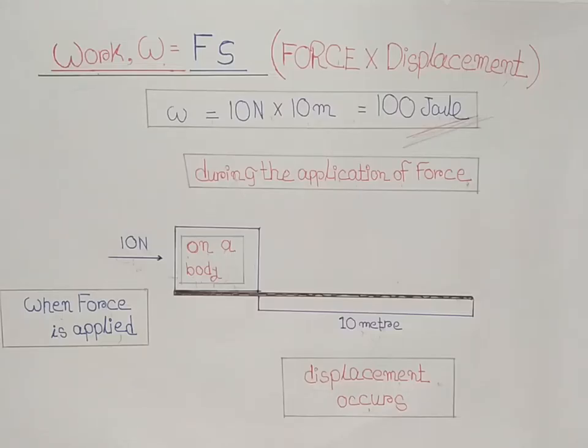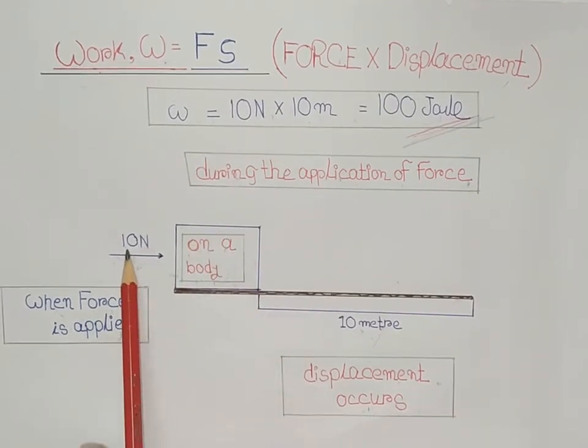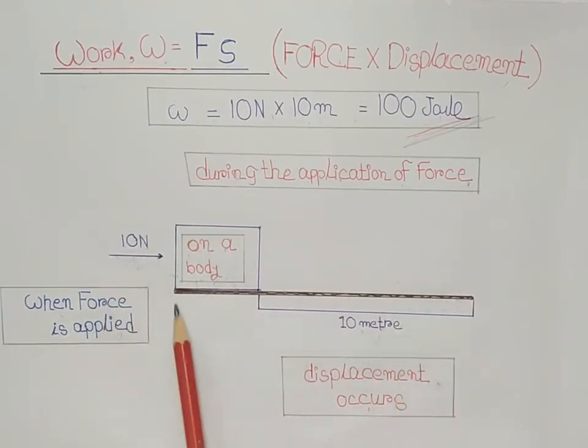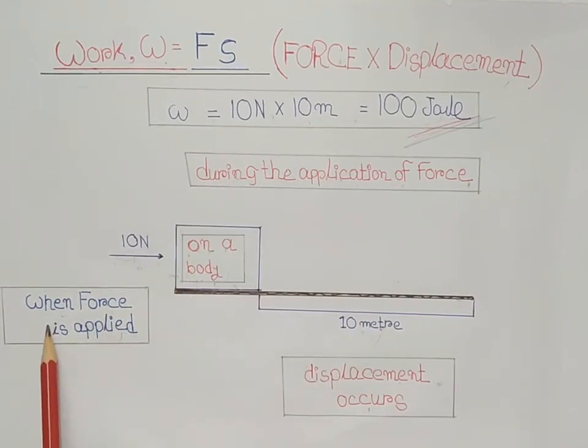Now let us go for a graphical representation. This is an object. 10 Newton force is applied in this direction on the object. Here I have written the first part of the definition.